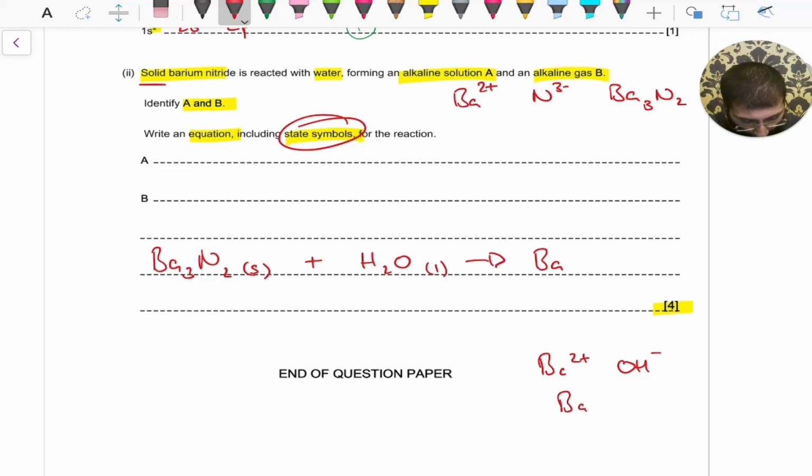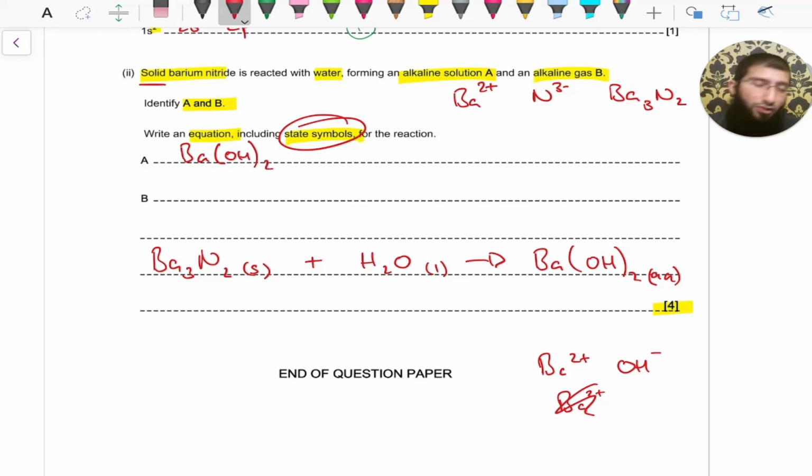So the formula of barium hydroxide is simply going to be Ba(OH)2. Now that is a solution, so it's going to be aqueous. And therefore, the identity of our aqueous solution has been figured out. It's simply Ba(OH)2. That's our alkali solution A.